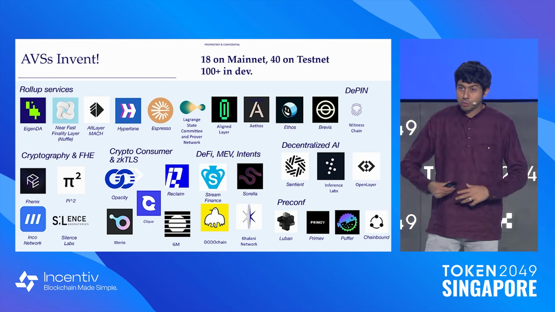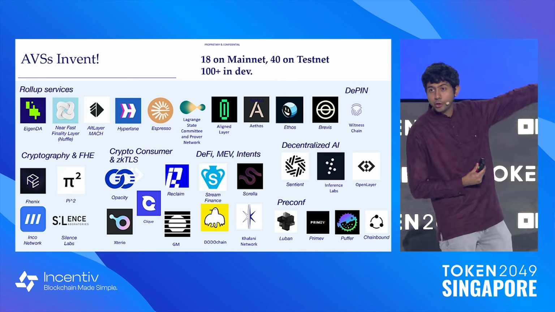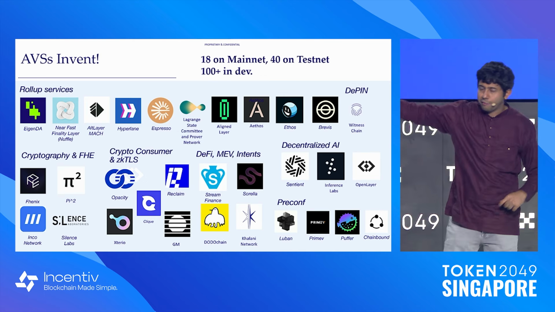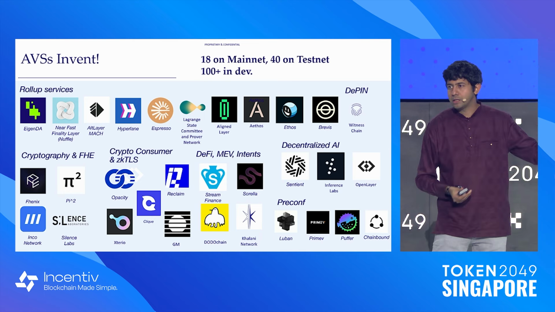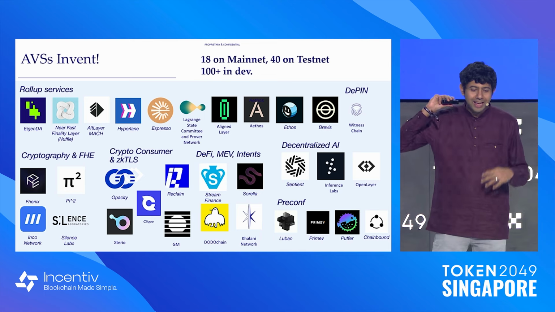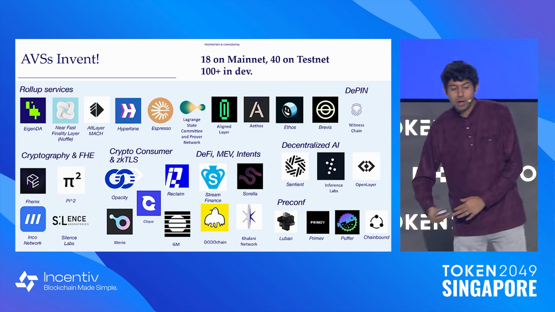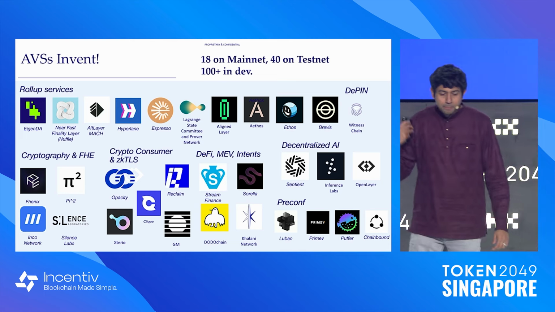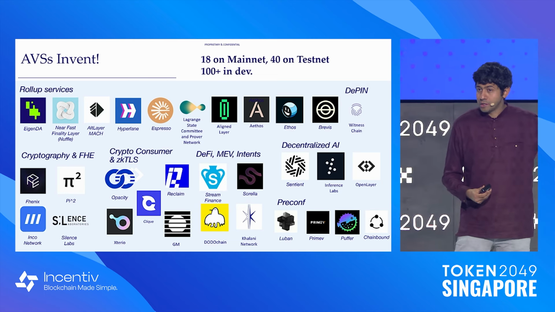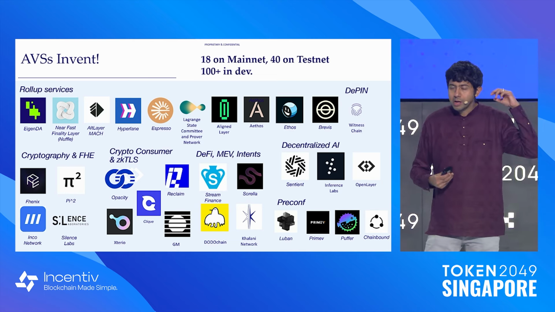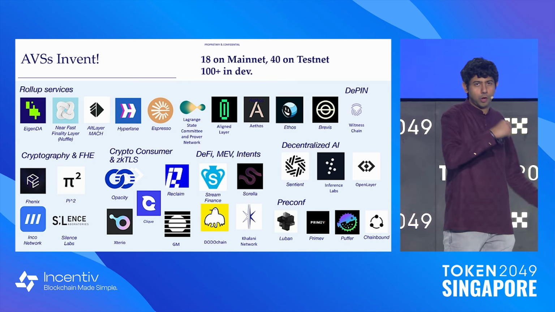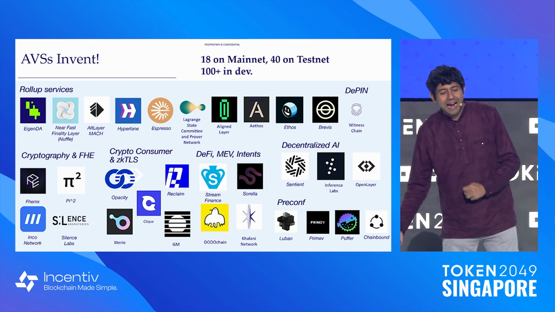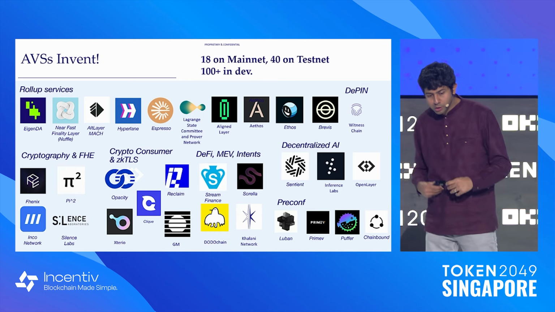We see ZK-TLS, which is basically the idea that I can log into my Uber or my Bank of America or PayPal and prove to a blockchain that I have a certain balance or I have a certain credit history, bringing any of these things into EigenLayer and Ethereum. DeFi, intelligent DeFi is a new category that is being created, which is when you're running your DeFi protocols, can I bring additional intelligence, AI co-processors, all of this stuff to bear on your mainnet operations.